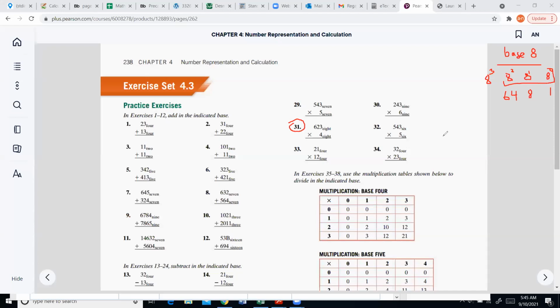So the actual number we have here, which is 623, it's not 623, it's in base 8, right? 623 in base 8 is nothing else but digits 6, 2, and 3 that are multiplied by these powers of 8.